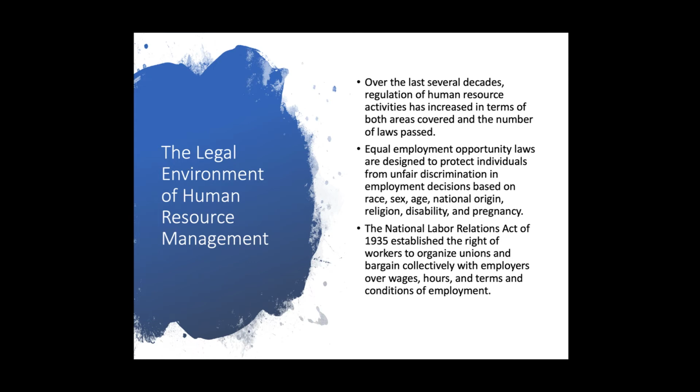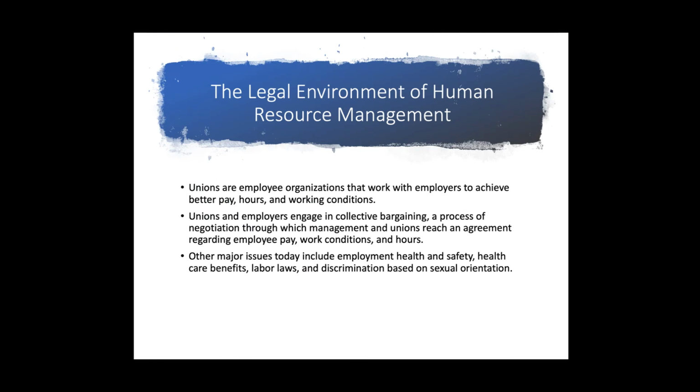The National Labor Relations Act of 1935, going all the way back to 1935, established the right of workers to organize unions and bargain collectively with employers over wages, hours, and terms and conditions of employment. Now, more on unions in this slide.